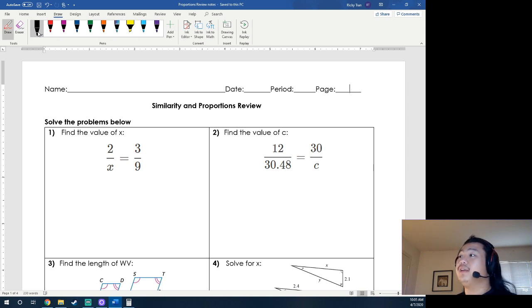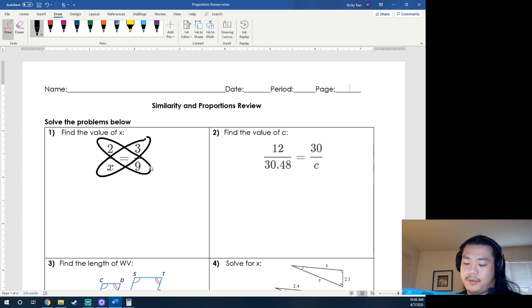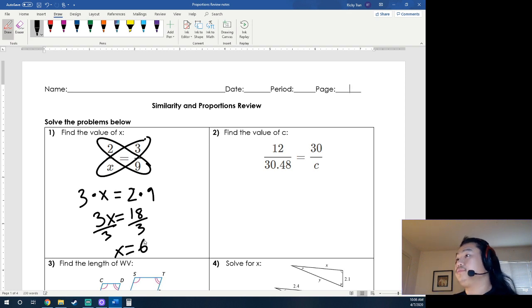Generally speaking, we cross multiply. So we take our two values and multiply across. That's why we call it a cross. So we have 3 times x is equal to 2 times 9, or 3x equals 18, and then we divide by 3, x equals 6.